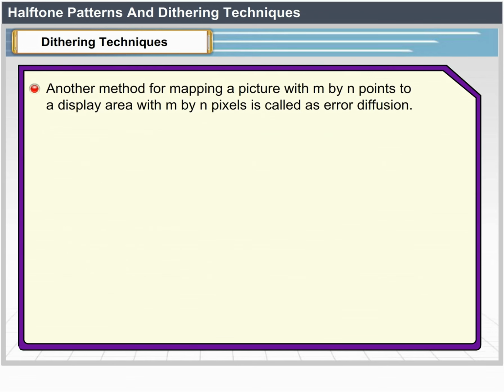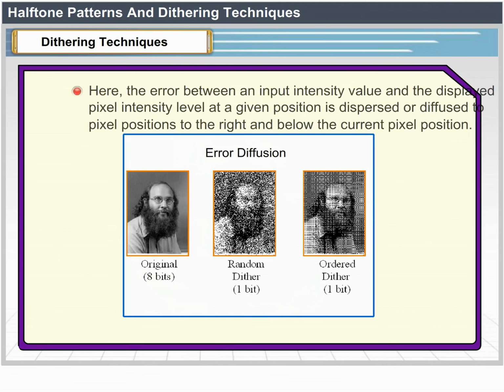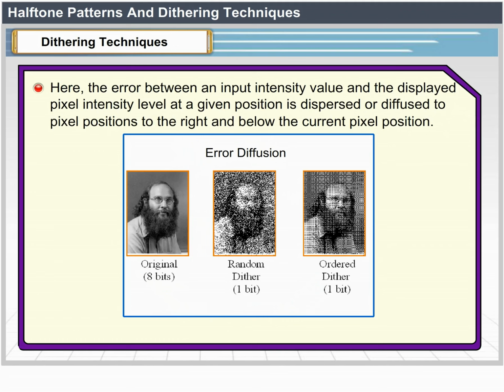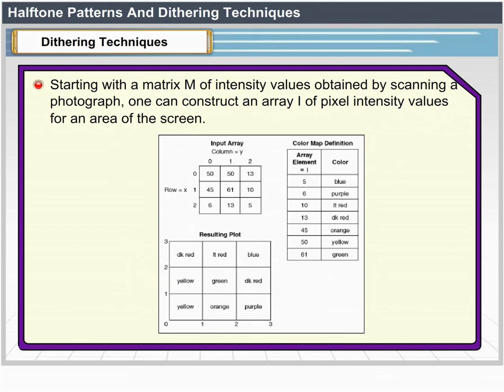Another method for mapping a picture with m by n points to a display area with m by n pixels is error diffusion. Here the error between an input intensity value and the displayed pixel intensity level at a given position is dispersed or diffused to pixel positions to the right and below the current pixel position. Starting with a matrix M of intensity values obtained by scanning a photograph, we want to construct an array I of pixel intensity values for an area of the screen.